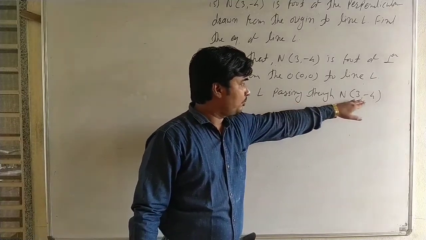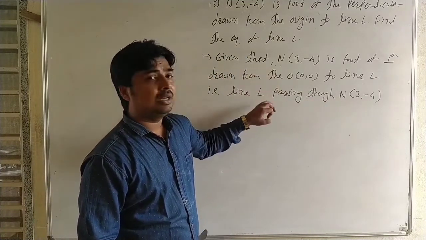Here we know the passing through point. Now we just want to find the slope of the line.